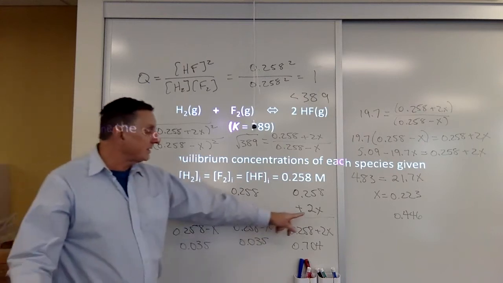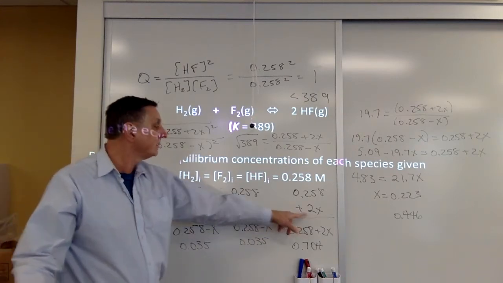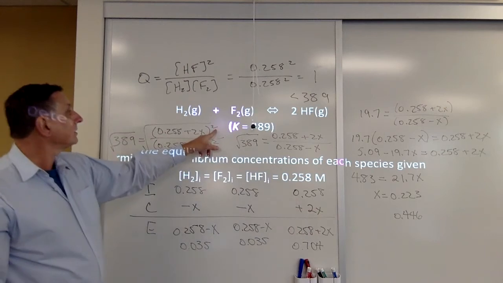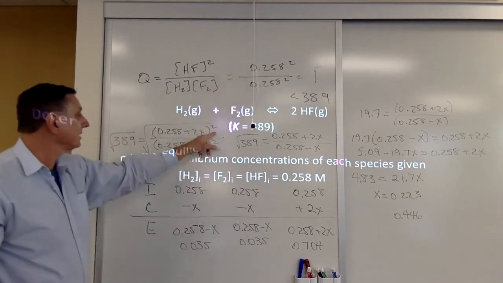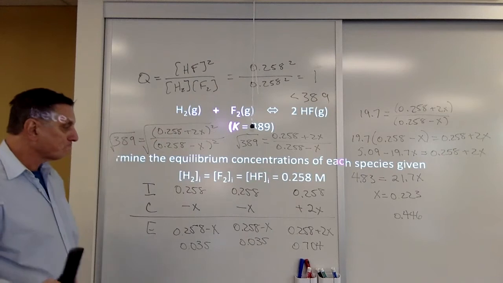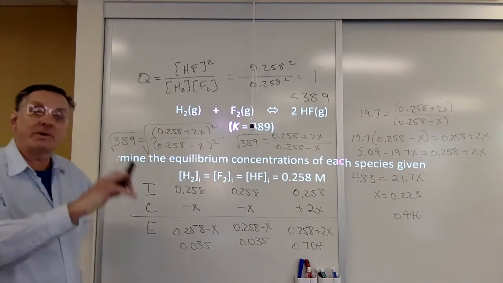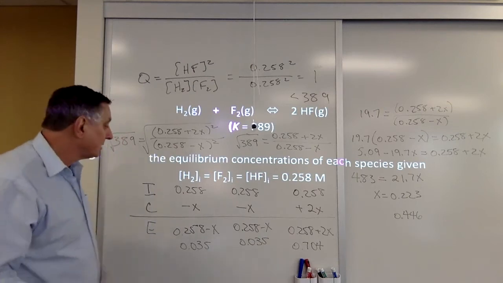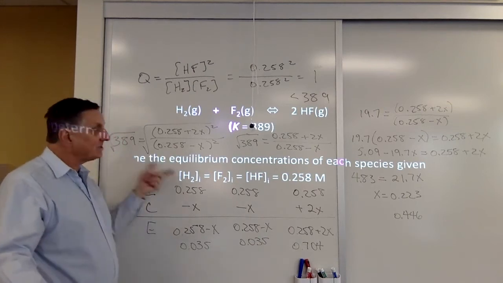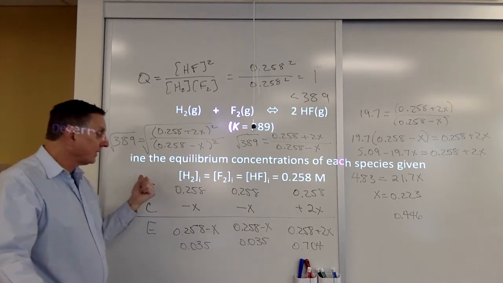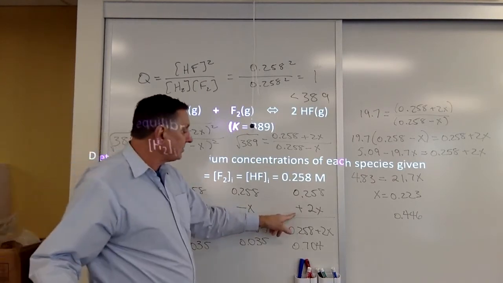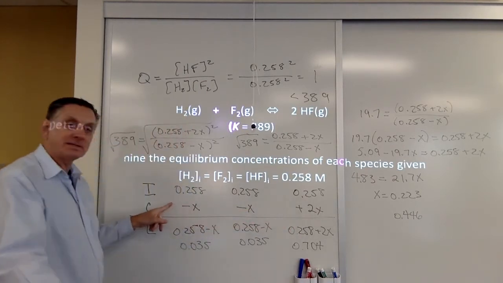Places where people make mistakes are right here, this thing right here, or this thing right here. Okay. How to use ice tables? What if we didn't get this right? What if we said it doesn't shift right, it shifts left? So what if we had this as minus 2x, plus x, and plus x?